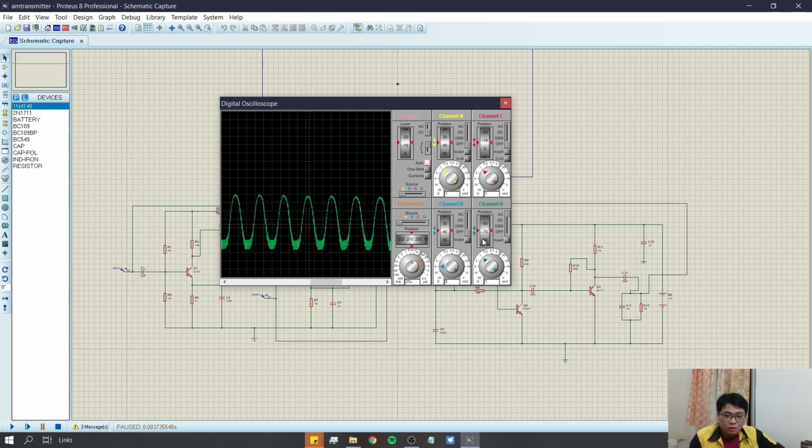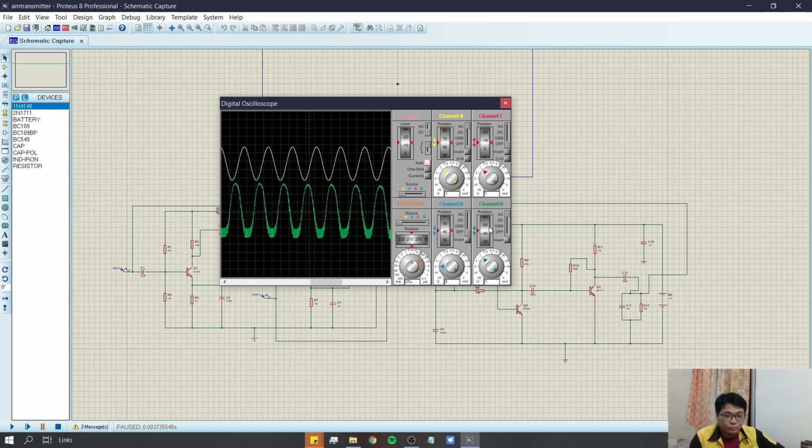After that, we will compare the shape of our demodulated signal and the input signal in channel A and channel D. The yellow color is our input signal, and the green color is our demodulated signal.